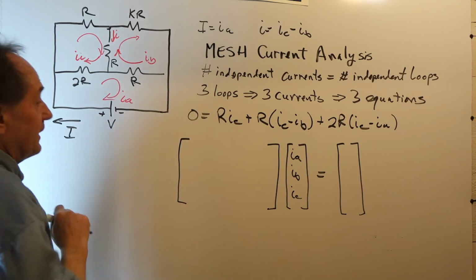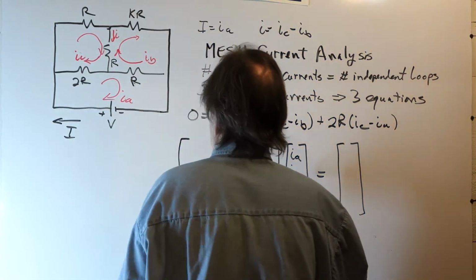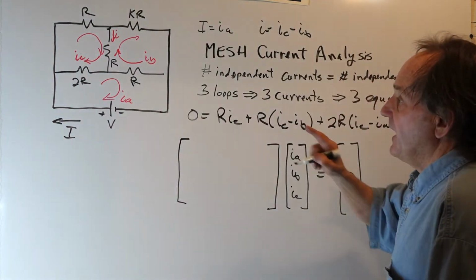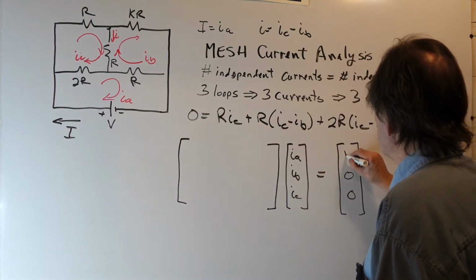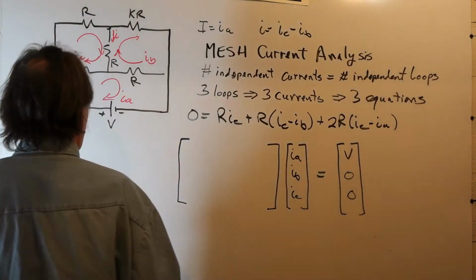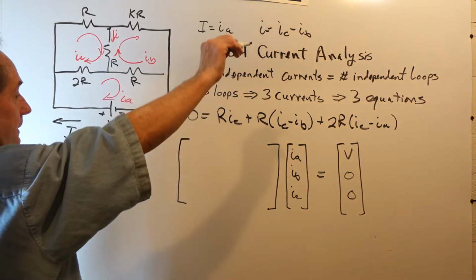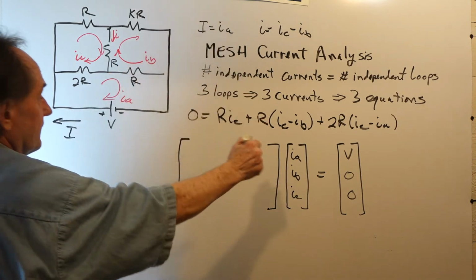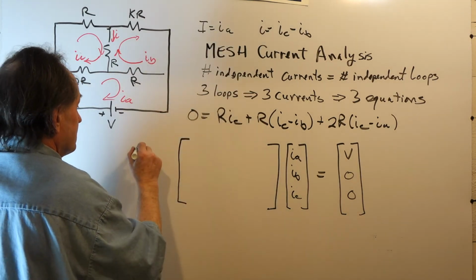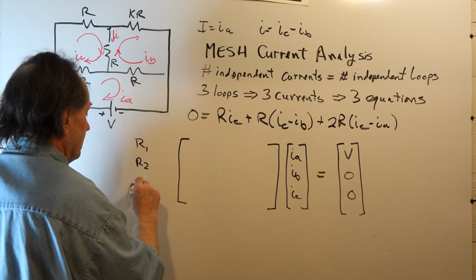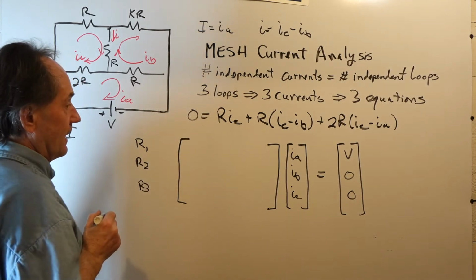The IB and IC loops have to sum to 0, and the IA loop has to sum to V. This is the IA row, row 1. Let's call this row 2, and this is row 3.